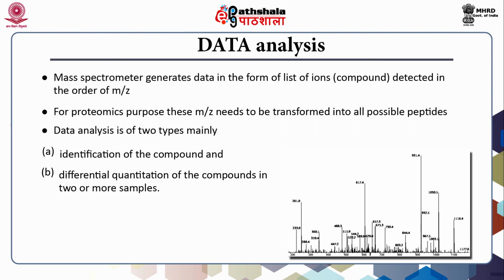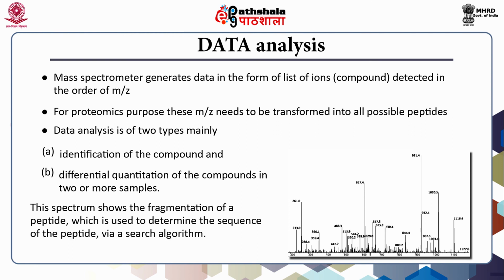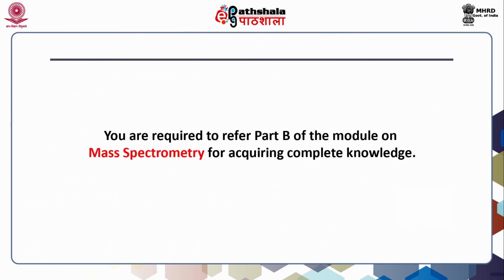When the spectra are generated, they show the fragmentation of the peptides, which are used to determine the sequence of those peptides by a search algorithm. It may be any other compounds, they may be metabolites as well, and subsequently its structure has to be determined. You are required to refer to part B of the module on mass spectrometry for acquiring complete knowledge.